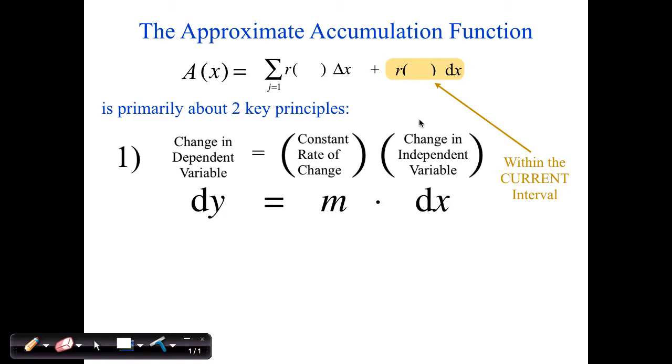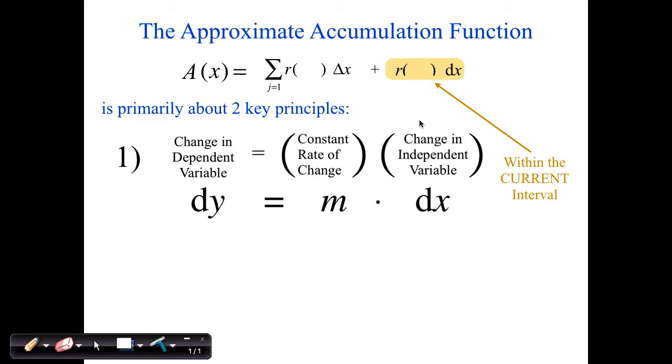So within this sum, we see that in two different ways. One's in the sum where there's a whole bunch that are very similar, just different rates, but the same delta x each time. The current interval term is only separated out because this dx is going to be something smaller than delta x, something between 0 and delta x.